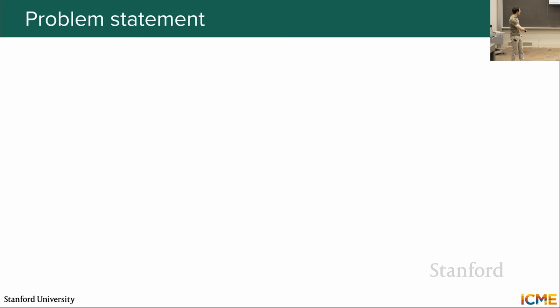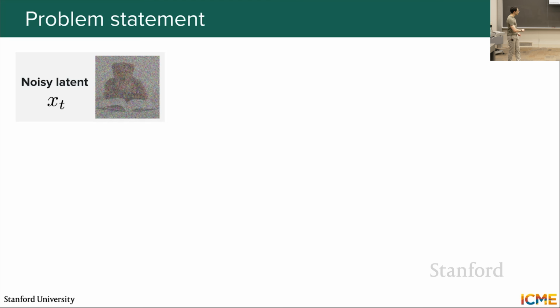So let's first start by what we want. If you remember, diffusion, score matching, and flow matching had a few things as input. First, they had XT, the noisy image or the noisy latent that you're trying to denoise.